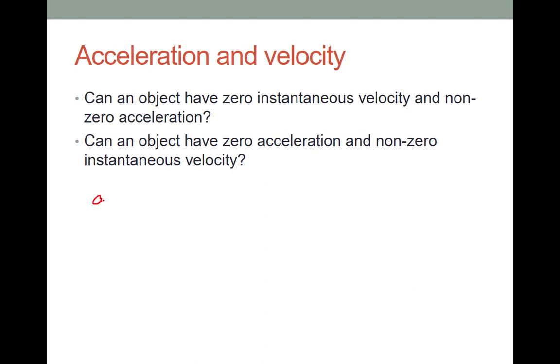Well, if I think about acceleration as the slope of the velocity over time graph, I can imagine a point in time where my velocity equals 0, but the slope of the line going through that point is not 0. Therefore, the answer here is yes.